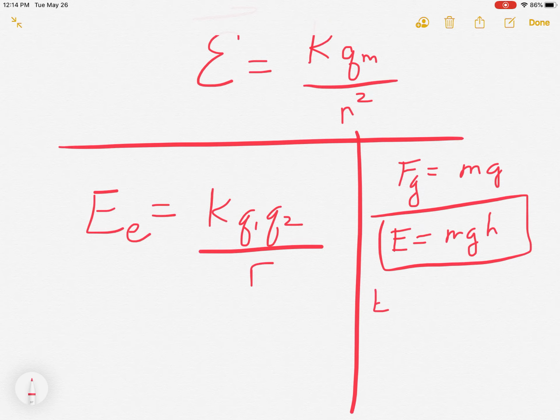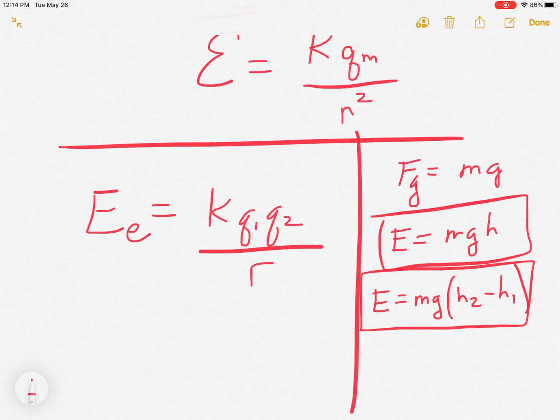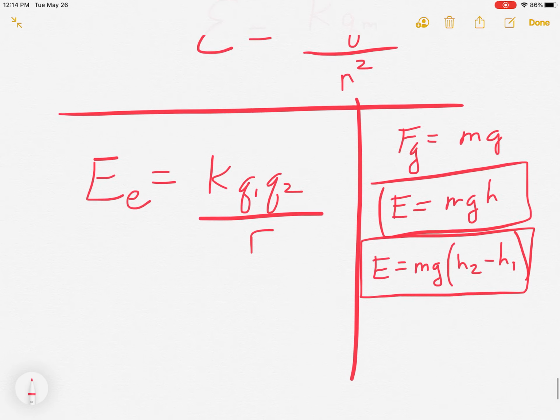That's a force times a distance, right? Now, technically, it's mg times the change in height, h2 minus h1. But h1 is usually considered a 0 as long as we're using little g at the surface, and we had the shortcut, right? But with electricity, we don't have that convenience. So this form is a little bit easier to make the comparison by. All right.